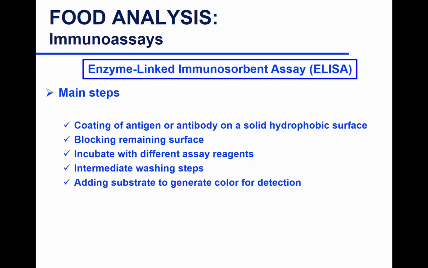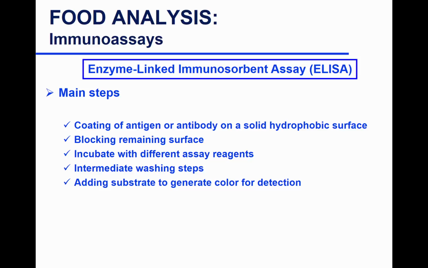So before you add your antibody, you want to block these surfaces. So you block it with an antigen that you don't care for and your antibodies are not specific for.